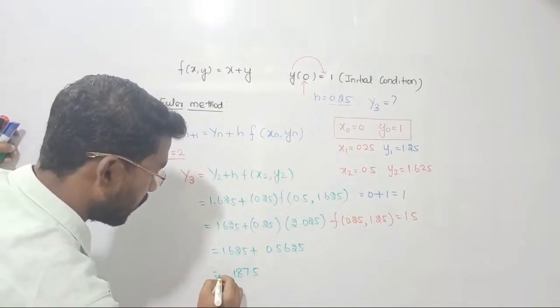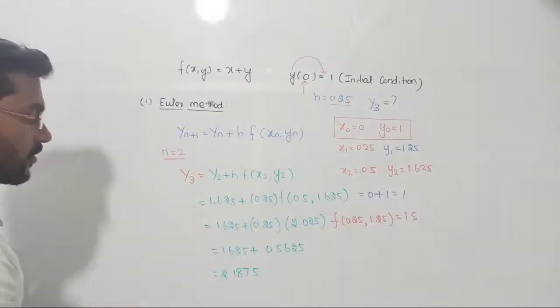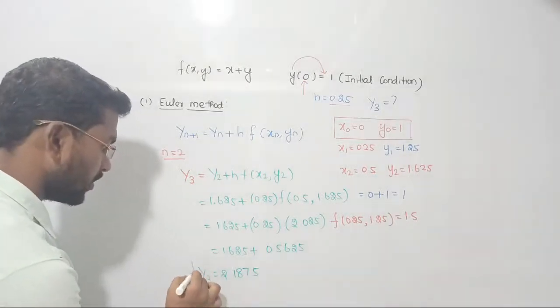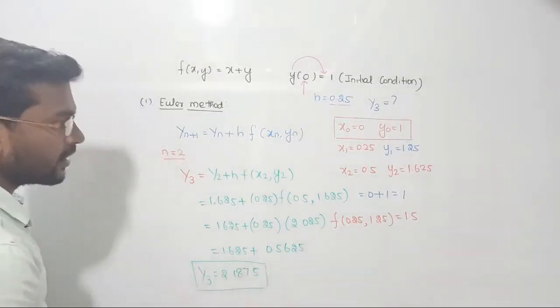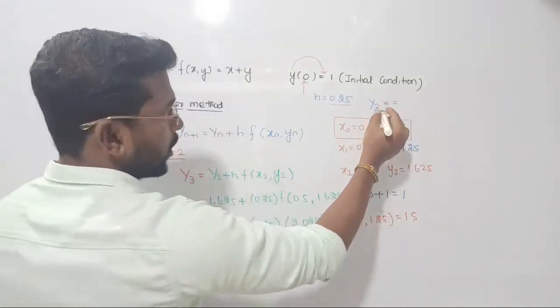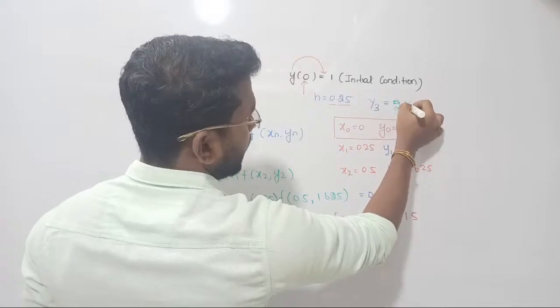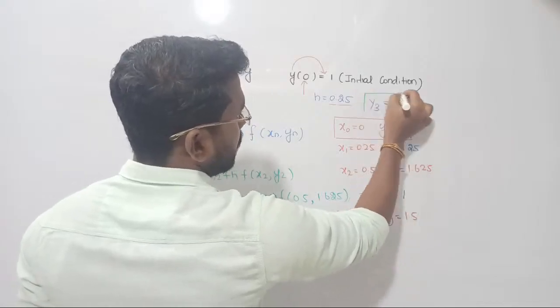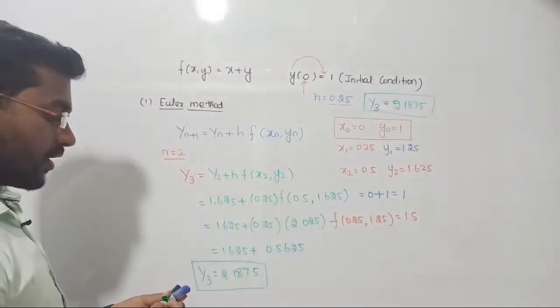So we are getting 2.1875. That is the value of y3, right? Yes, we got the answer. The question is y3, and that is going to be 2.1875. That is how we use the Euler forward method. Clear? Yes.